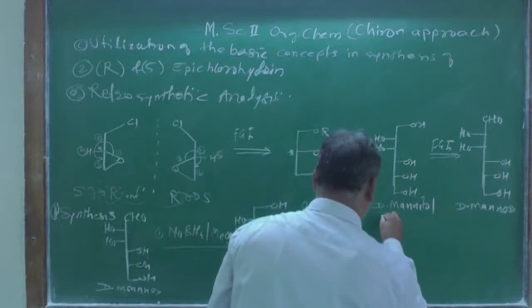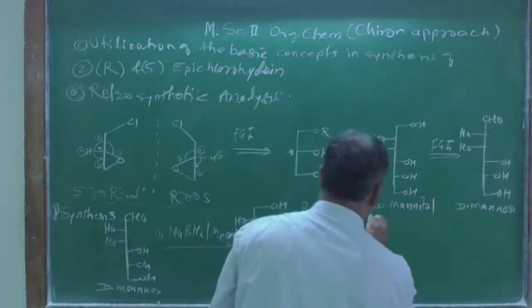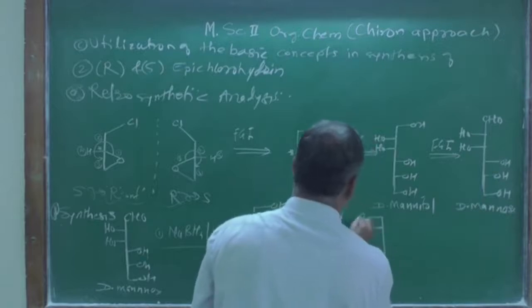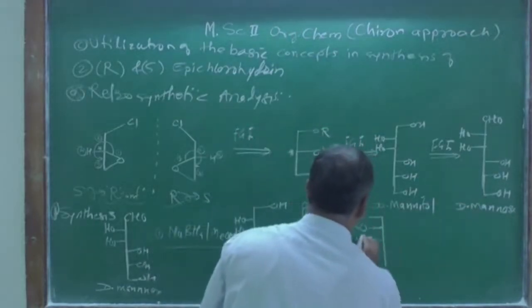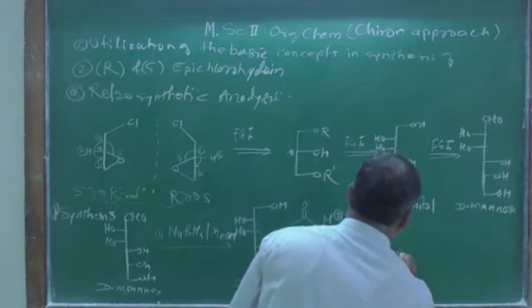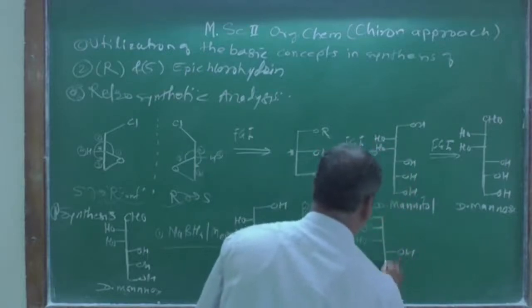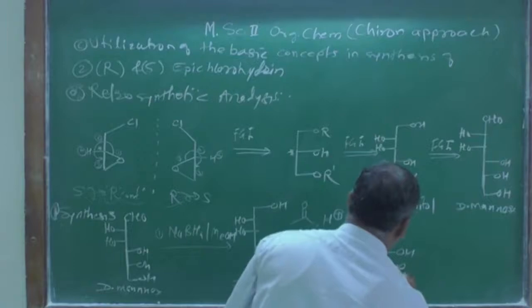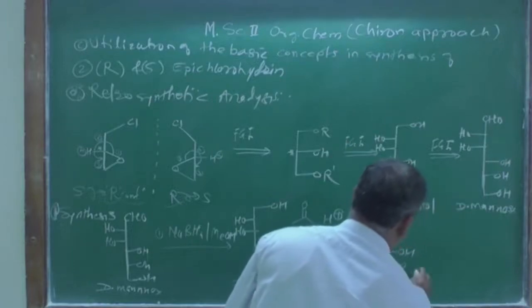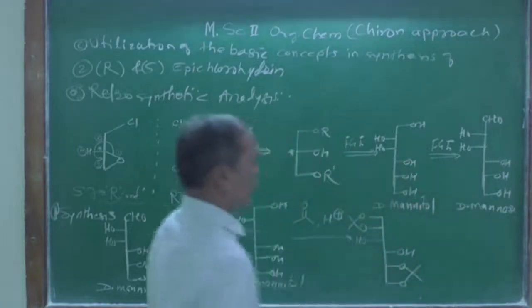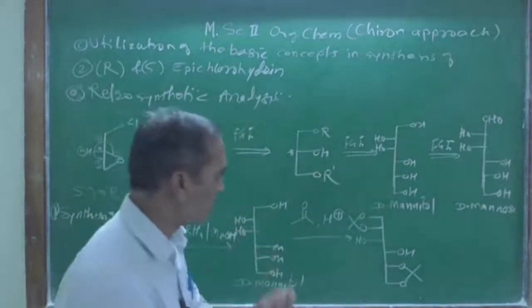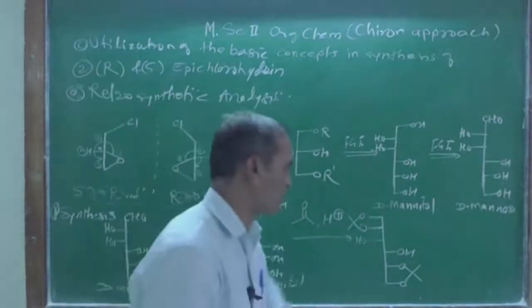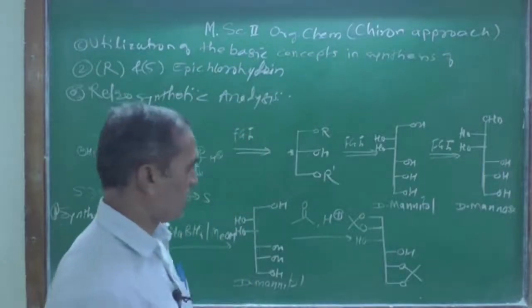What do you get over here? You get this structure, with O like this, and HO there. The middle 2 OH remain as they are; only the terminal primary alcohol and another secondary alcohol get suitably protected, and we are getting this type of protected D-mannitol.